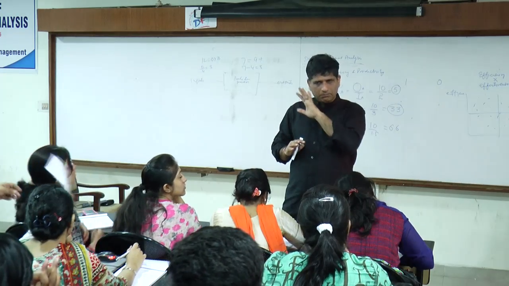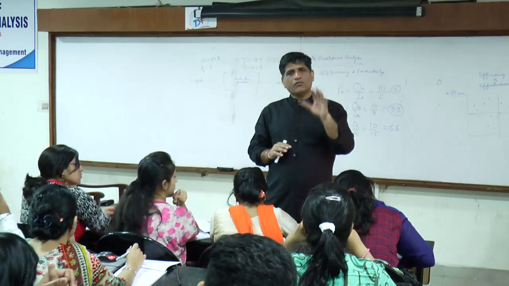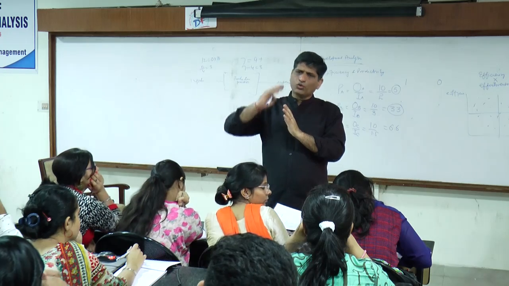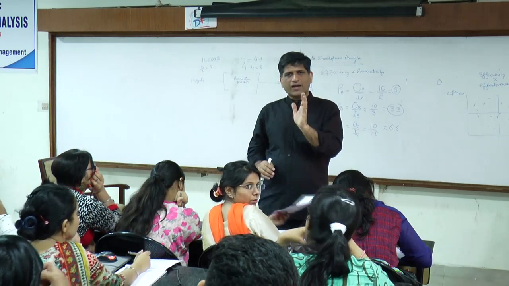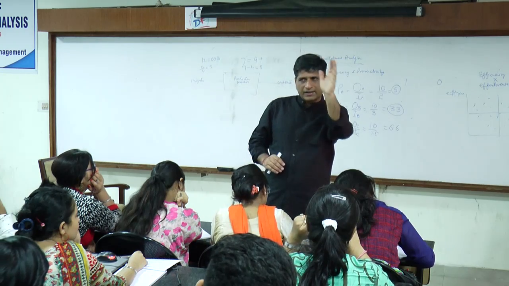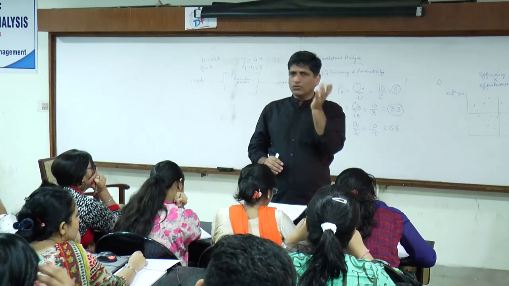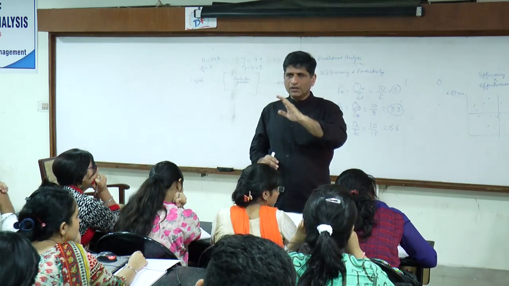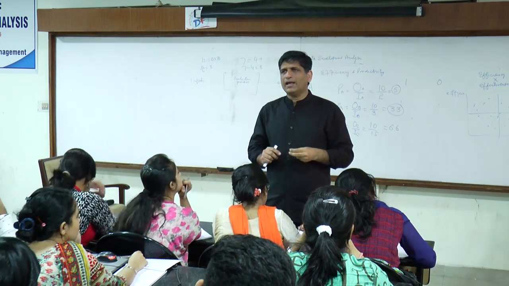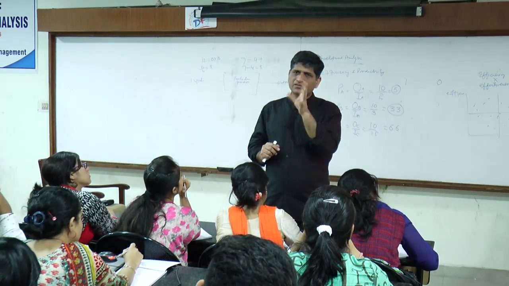One technique, please note, is not sufficient. Therefore, when we write a paper or do some research, always try to validate the authenticity of the result by using an alternative technique. Or sometimes, if you are not able to do that, try to do what is known as robustness analysis.